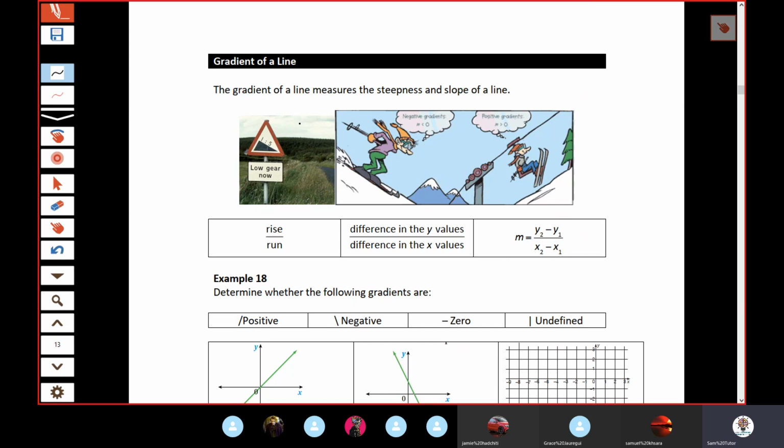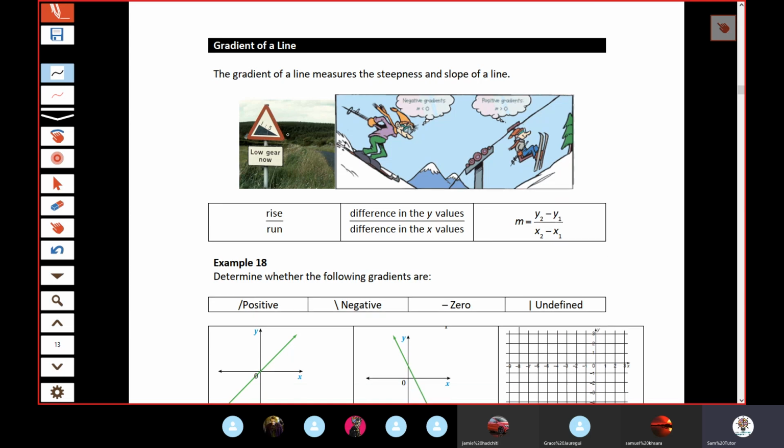Now, again, just like in distance with Pythagoras, you've started gradients. You did gradients using rise over run. The formula we're going to use now, because of coordinates, is this one here. So write down gradient formula is m equals y2 minus y1 over x2 minus x1.